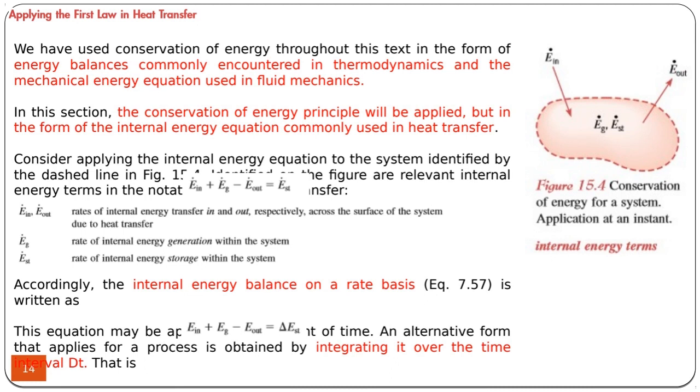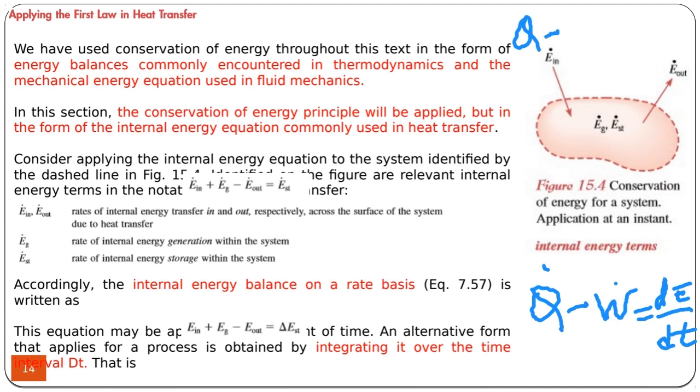So in thermodynamics, we wrote it as the net Q in and out of the system minus W in and out of the system is the change of the system energy. Or you can write it on a rate basis, per unit time. You can write it as this also. So this is in joules, this is in watts, but they are similar.